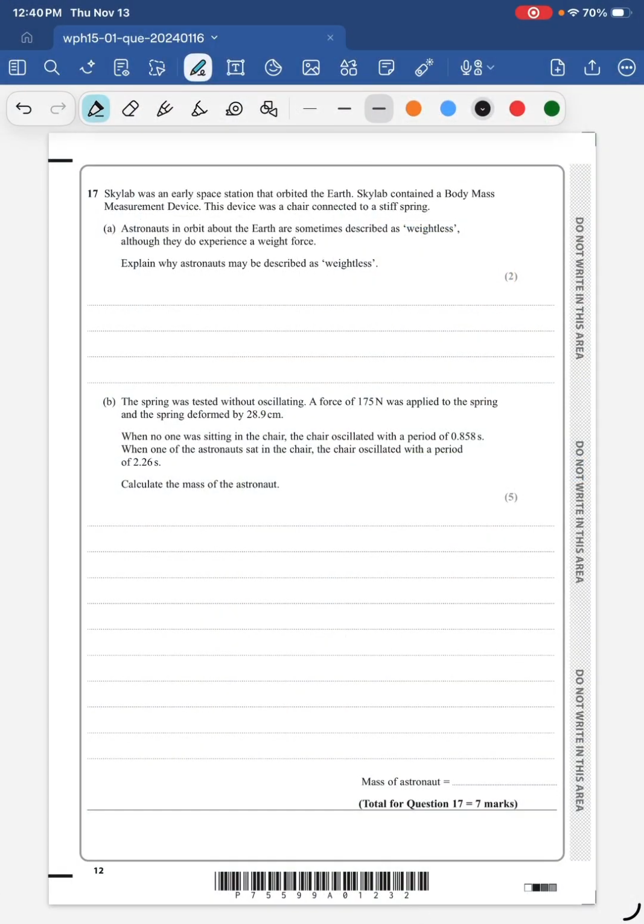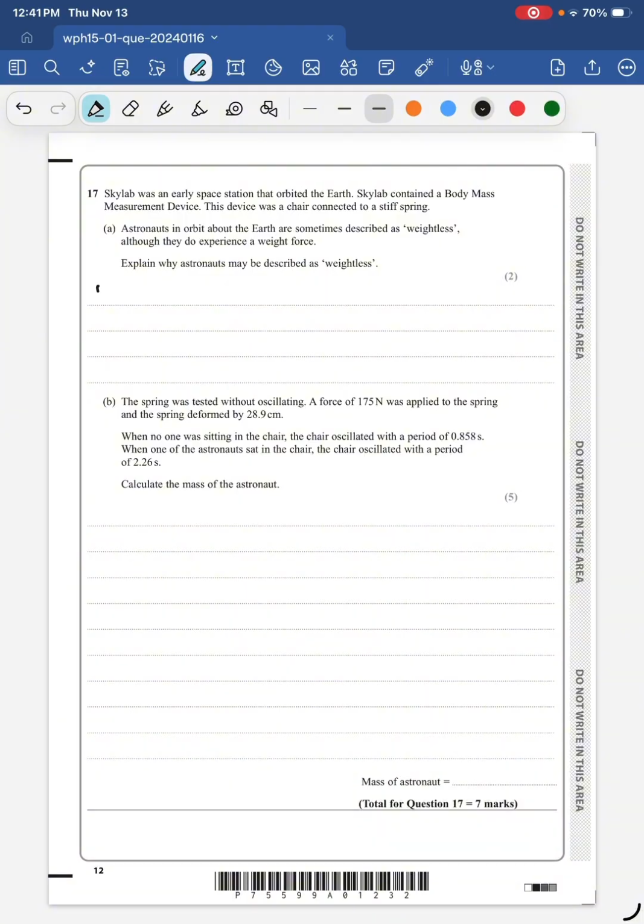Right. Astronauts, okay, this is part A. Astronauts in orbit about the Earth are sometimes described as weightless, although they do experience a weight force. Explain why astronauts may be described as weightless. Okay, so let's answer this.